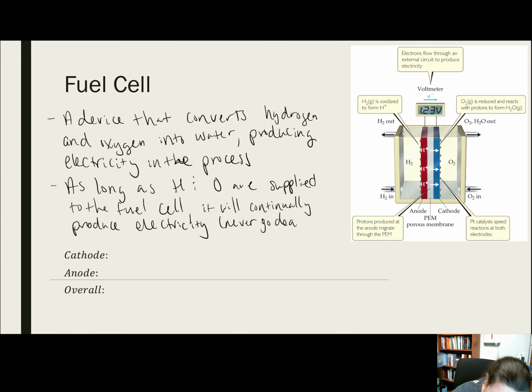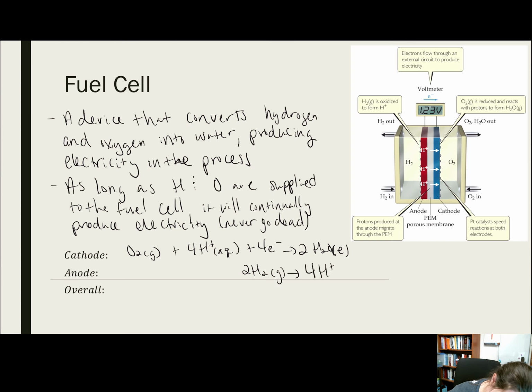Here at our cathode we have O2 gas reacting with H plus ions to produce water. Then at our anode we have H2 gas producing those H plus ions, like so.